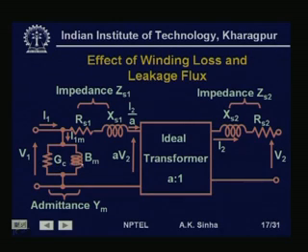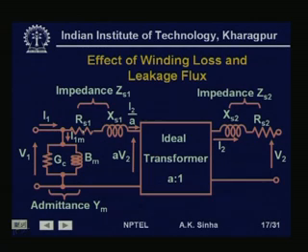Since these two arms are in parallel, it will be easier to work with admittances, that is conductance and susceptance, rather than resistance and reactance. Therefore, most of the time we write them in terms of conductance and susceptance. Conductance Gc represents the core loss part, and susceptance Bm represents the magnetizing current part.